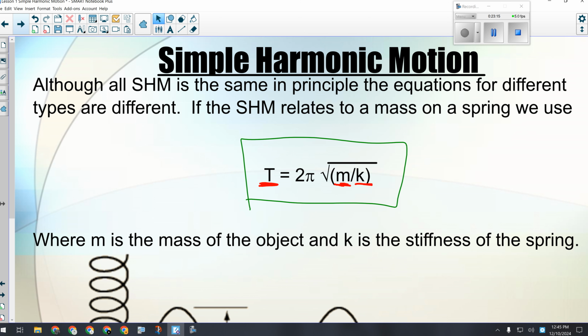We measure spring constant in newtons per meter. So k is the stiffness of the spring, which we also call the spring constant, and that is in newtons per meter.